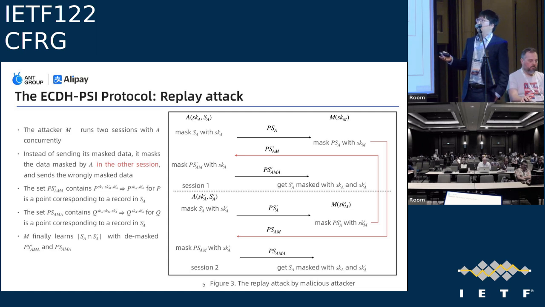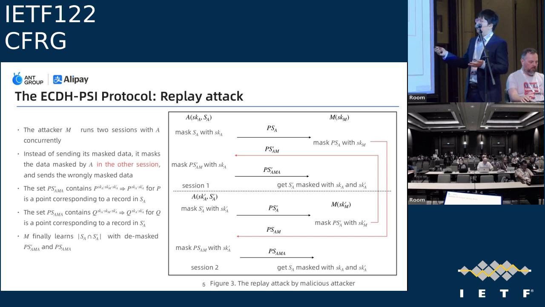Here is a brief introduction to the replay attack. It's a cross-session attack, where the attacker M runs 2 sessions with the victim A concurrently, but instead of sending its masked data honestly, the attacker masks the data masked by A in the other session, as shown by the red arrows, and sends the wrongly masked data to the current session.